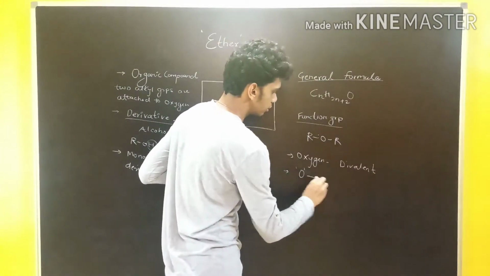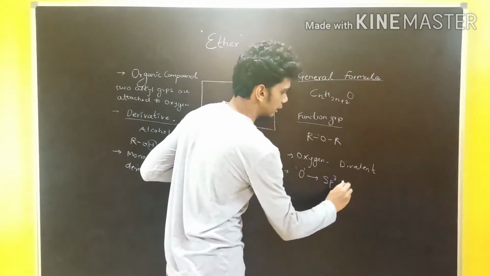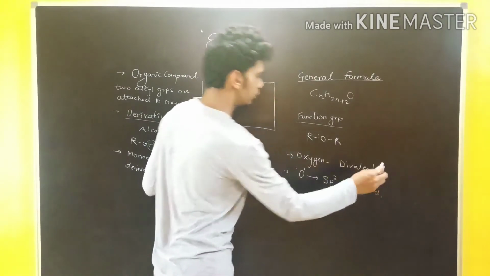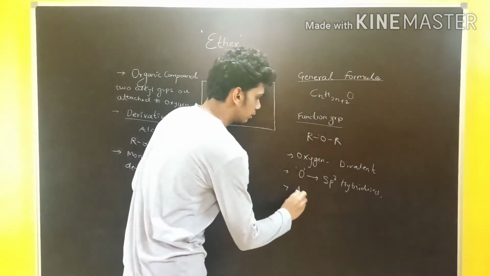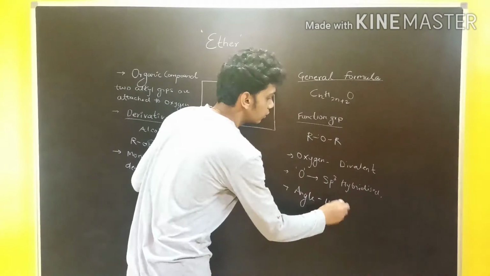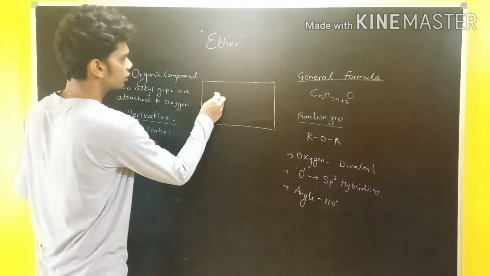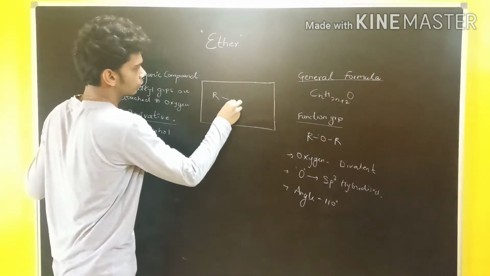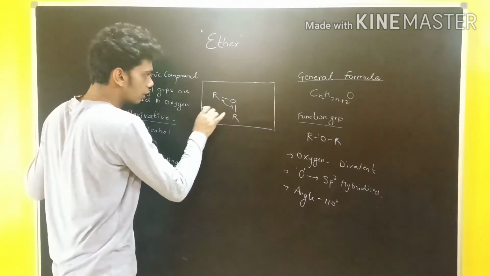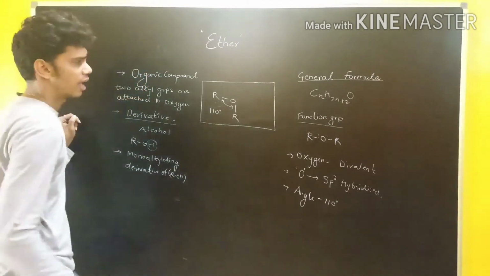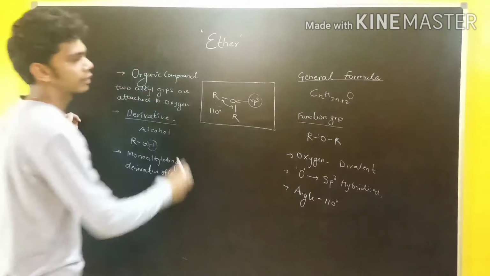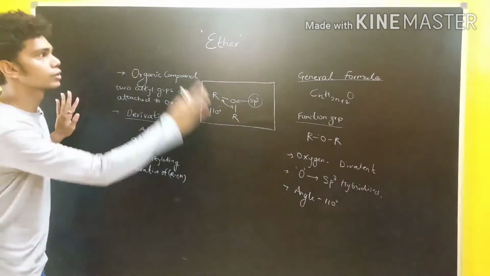This oxygen is sp3 hybridized and the angle between the groups is 110 degrees. Suppose an R group is attached to O and another R group, so the angle between them is 110 degrees, and this oxygen is sp3 hybridized. So this is the introduction about the ether.